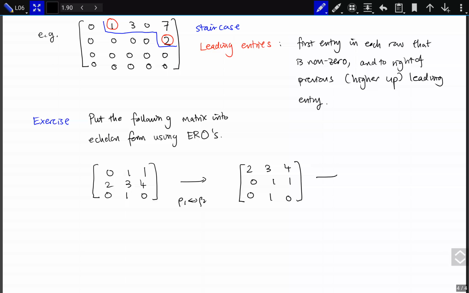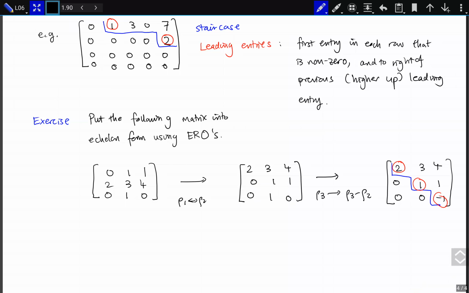And that's equivalent to, once I subtract row 2 from row 3, so nothing happens up here, nothing happens here, but I subtract row 2 from row 3. And notice what do I get? I get a staircase, and I have some leading terms. And that's it.